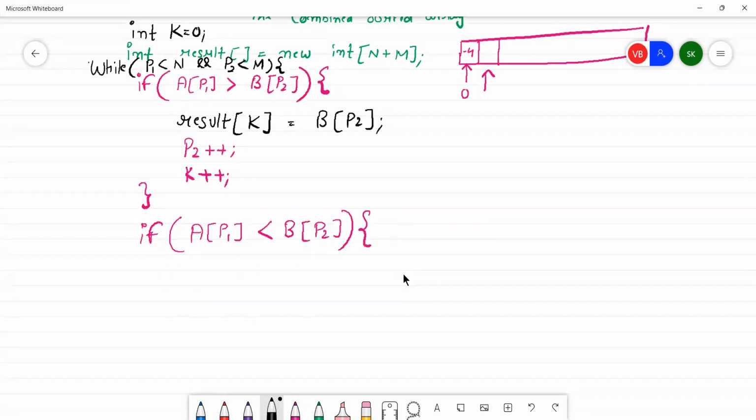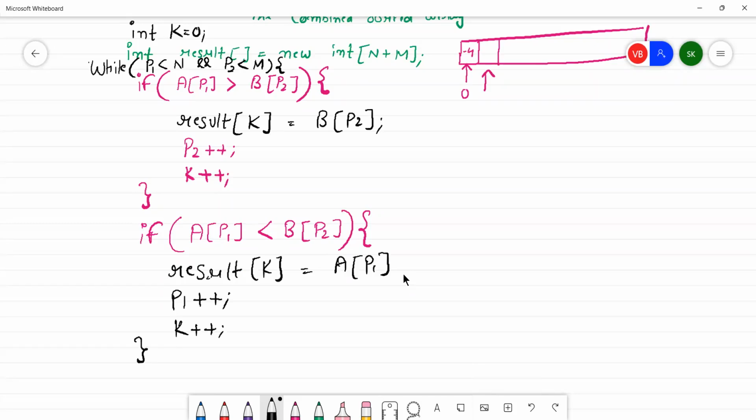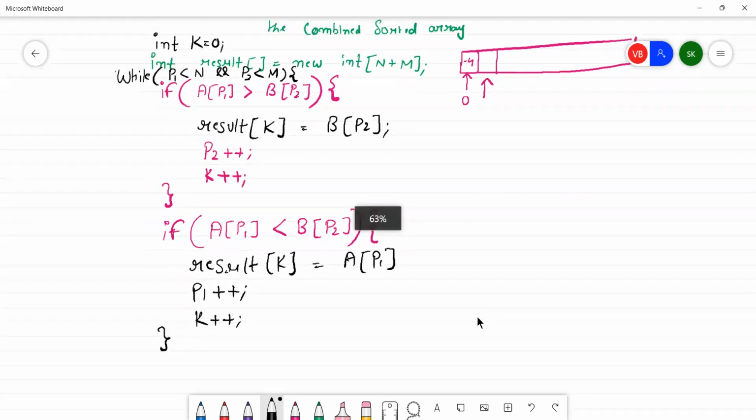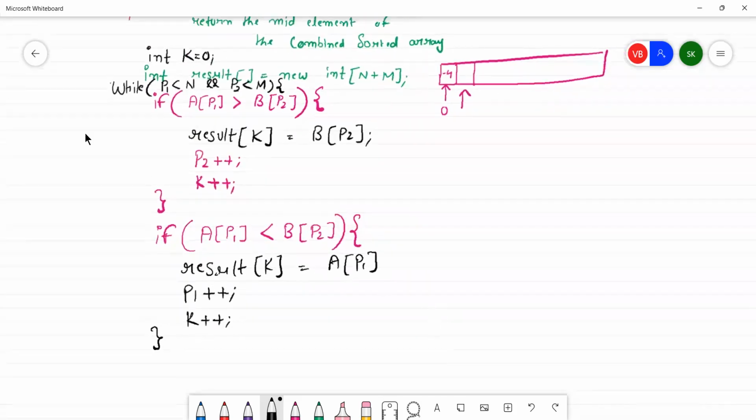So here we can write that result of K is equal to A of P1. Here you will increase your P1 plus plus and then K plus plus. Clear, everyone? I have just repeated the same thing for the other condition.